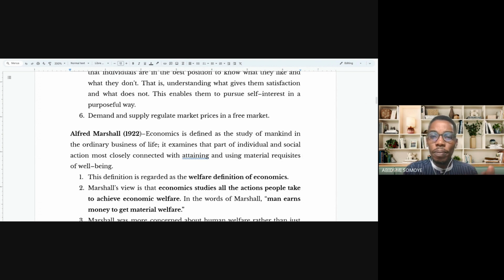Of course, in a society, it is essential that people live well. Okay? You go to work, you earn some money for yourself. You should be able to take care of yourself and take care of your basic needs. Welfare simply means being able to take care of your basic needs.